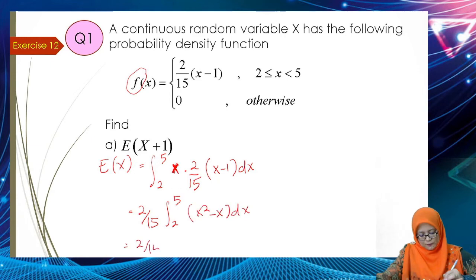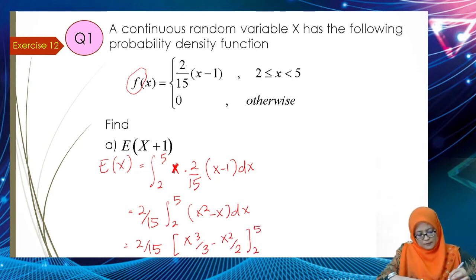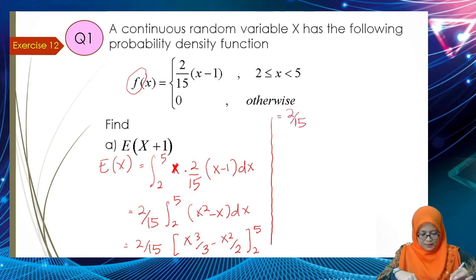So 2 over 15 integrate, awak akan dapat X cube over 3 minus X square over 2. Substitute value 2 to 5. Okay, so then you akan calculate 2 over 15. So ini ganti nilai 5 cube over 3 minus 5 square over 2.